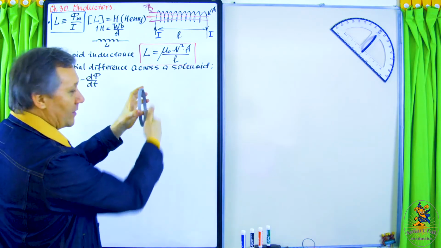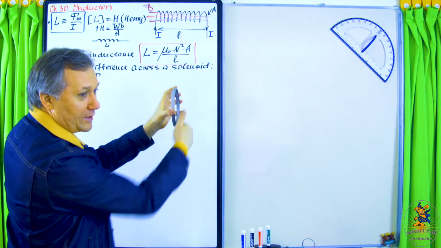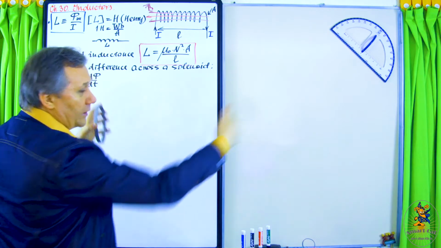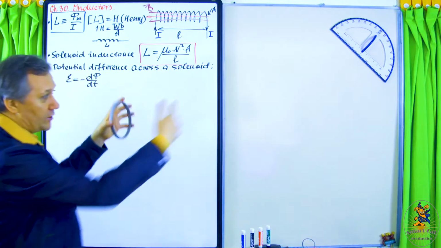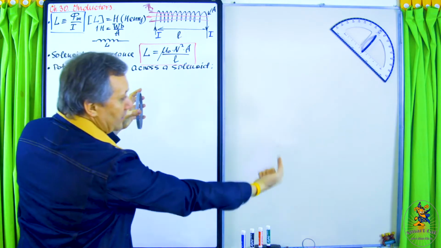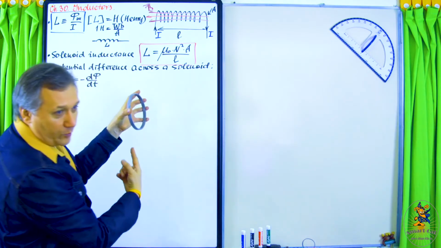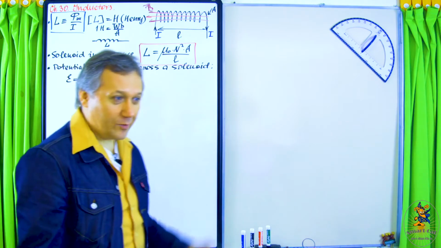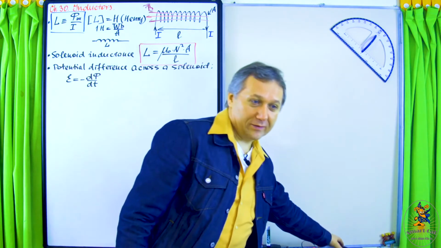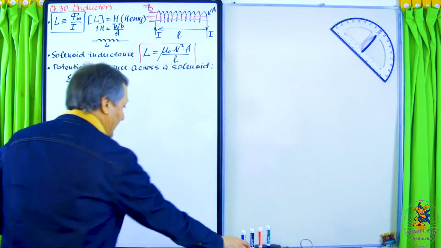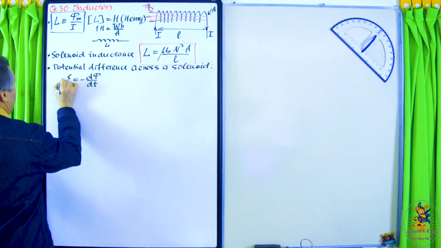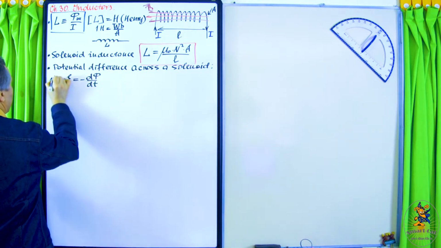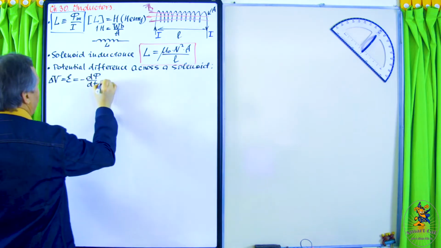Then the next loop, EMF2, then the next loop, EMF3, and so on over a few hundred loops. If you add them all up, you get the total potential difference between the final point and the initial point. So we can use the same formula. This EMF is the total EMF across the solenoid, and we can call it delta V.